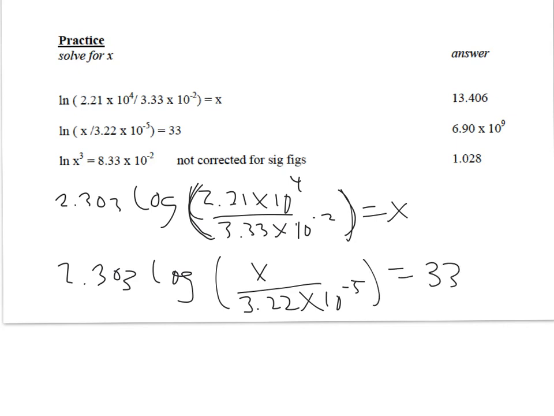Make sure that you get the same answer for x. And then 2.303 base 10 logarithm of x cubed equals 8.33 times 10 to the minus 2.